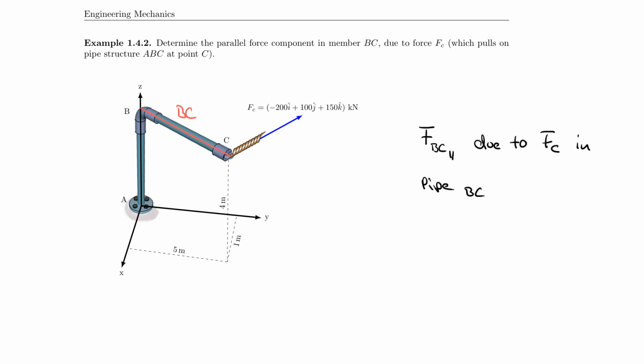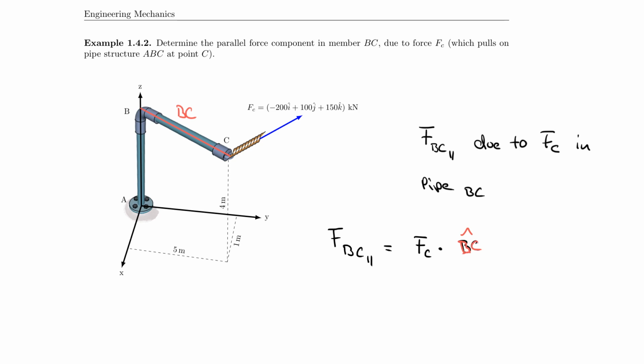So what we need is FBC parallel, which is nothing else than FC dotted onto BC, but now be careful, hat, right? So BC hat is what we need in this case.